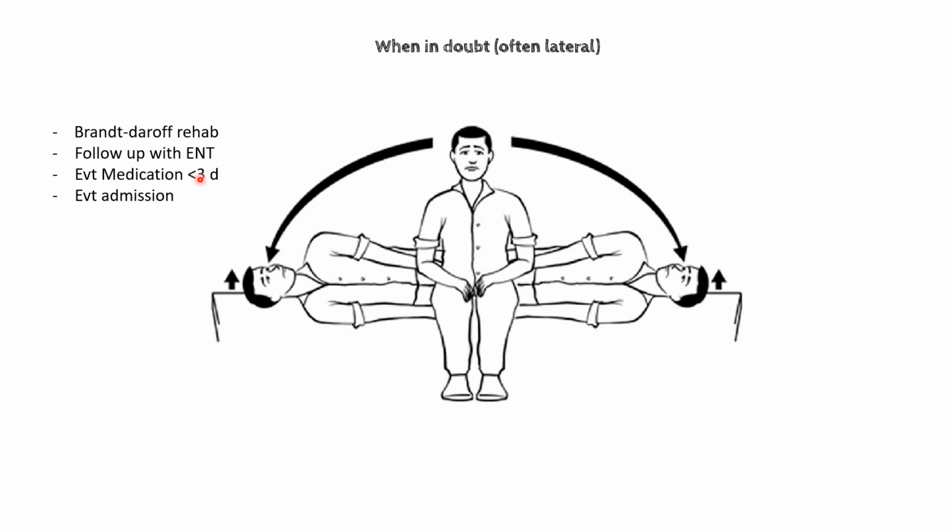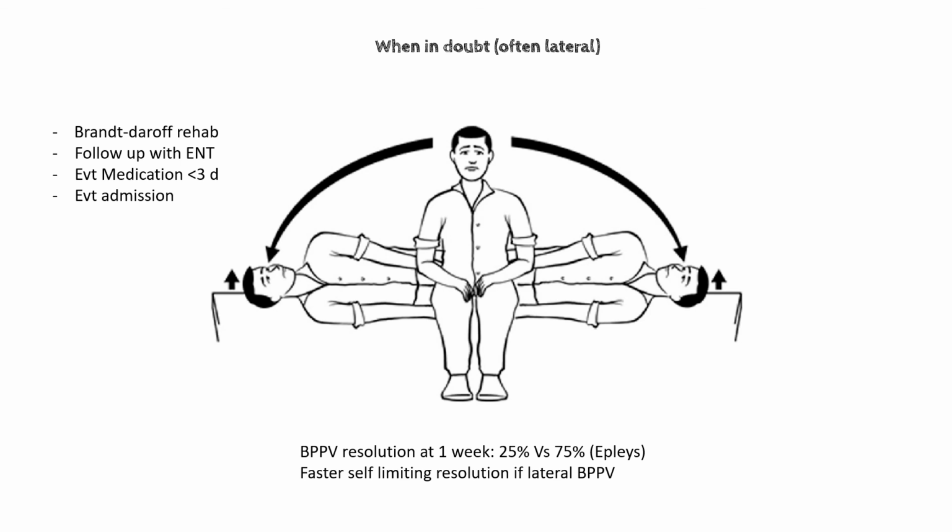You might consider giving them medications, because these patients will not be fixed right away, like the ones where we can do a repositioning maneuver. And you might have to admit them sometimes as well if they're elderly. And just to reiterate, it is better to do a specific maneuver for BPPV, but sometimes it's not possible to find out, or you don't have time or some other reason, and then you can do this instead.